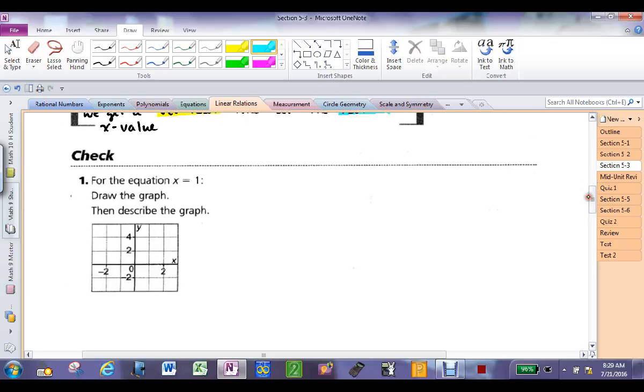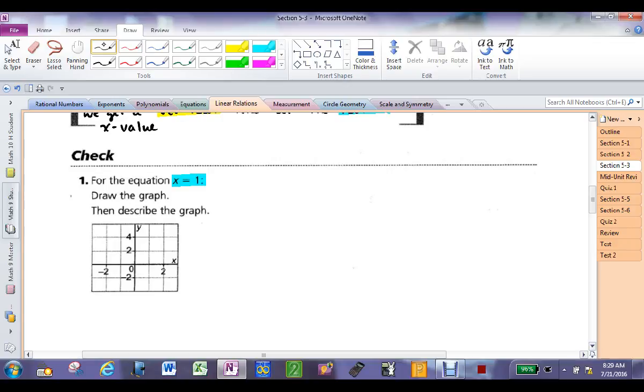So let's look at this very first question. Is that only an x value? Yes. Is x isolated? So that means I get a vertical line at the isolated x value, correct?